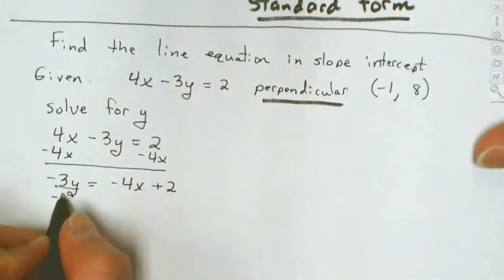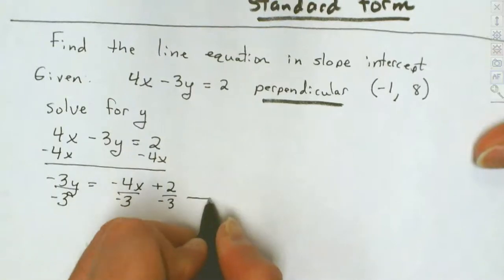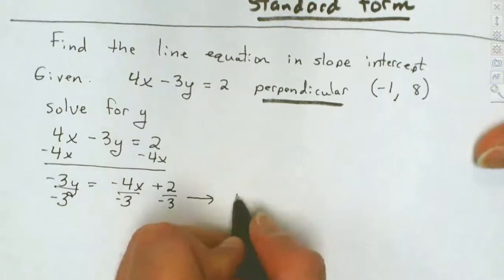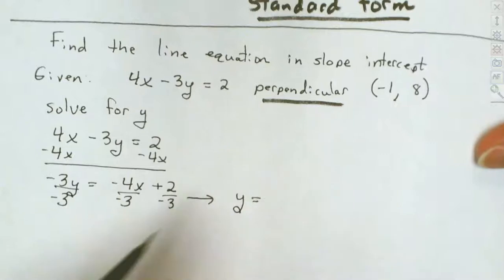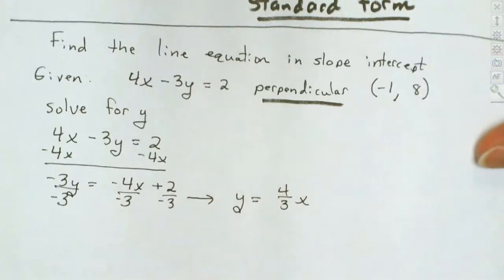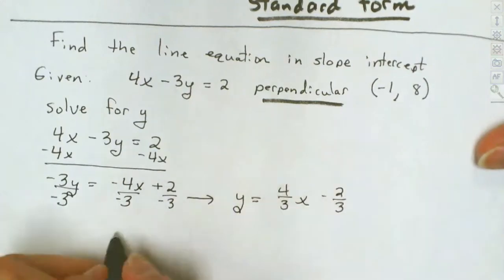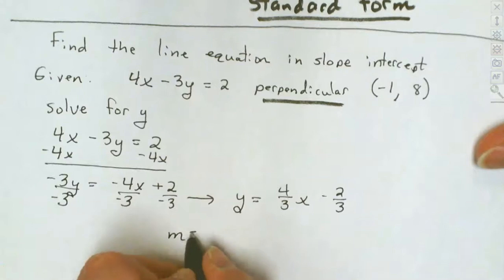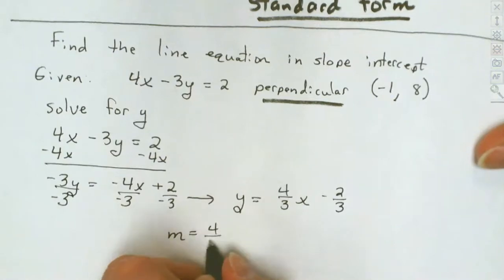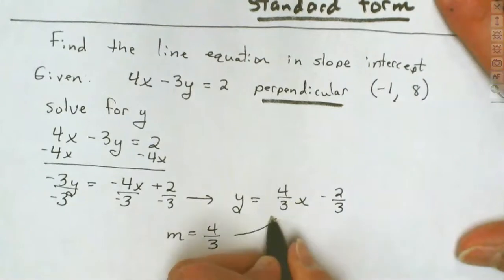We'll divide by our minus 3 everywhere. And then that leaves me with y equals now 4/3 x, and it's positive, minus 2/3. And so my slope is 4/3, because that comes from there.